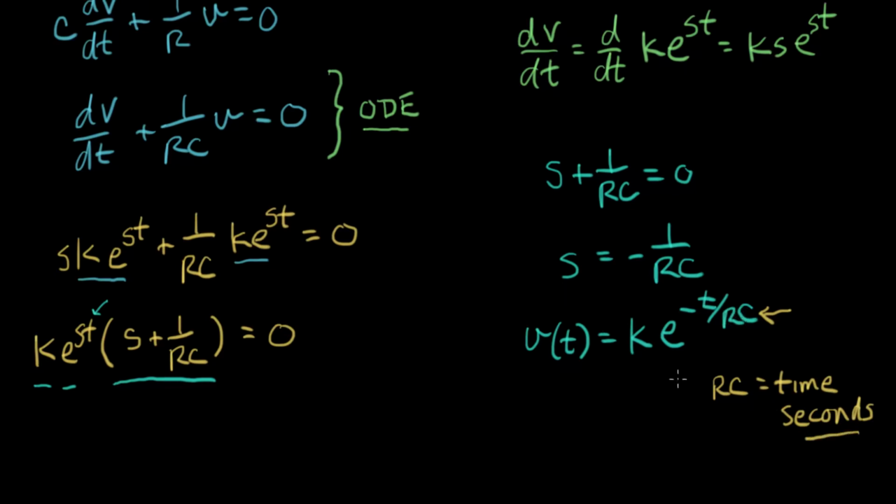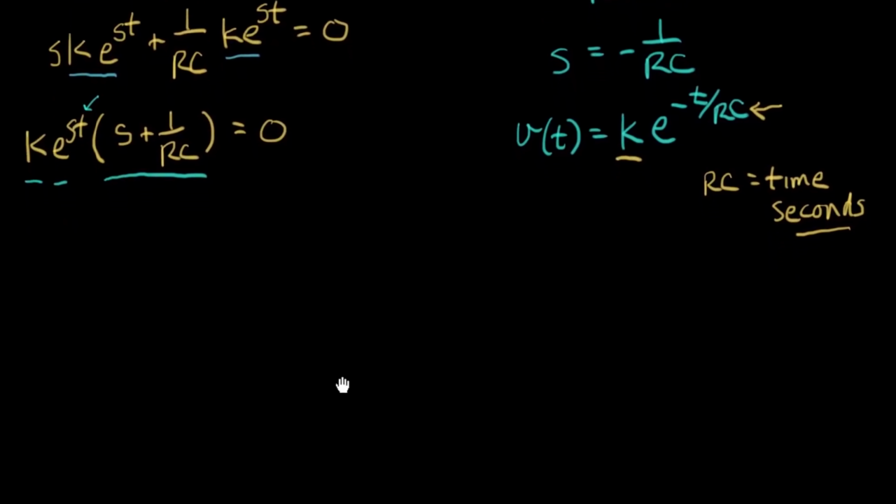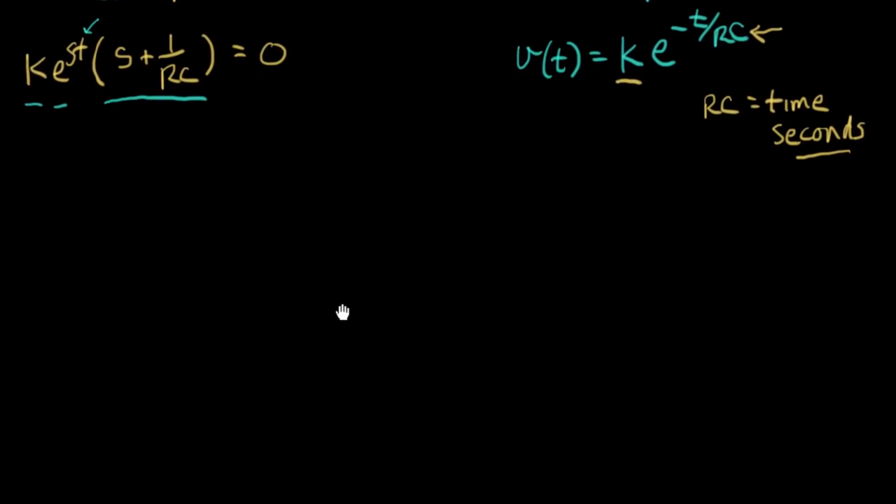Now we've solved for s, and that means we only have to find k. Let's work on k now. k is a variable here, time is a variable, and voltage is a variable. If we knew v and t at the same time, we would be able to figure out k. And there's a time when we do know that, and that is t equals 0. At t equals 0, we know that the battery was hooked up, and there's a bunch of charge on the capacitor.